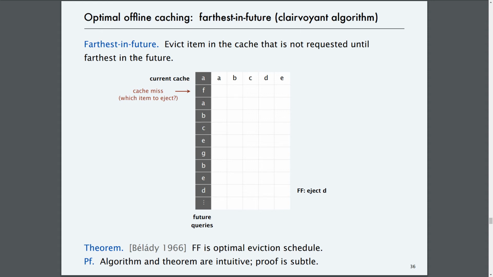So what we do here is we evict the item which is not requested until farthest in the future. So it's the one we can wait with the most. And farthest in the future is an optimal eviction schedule.